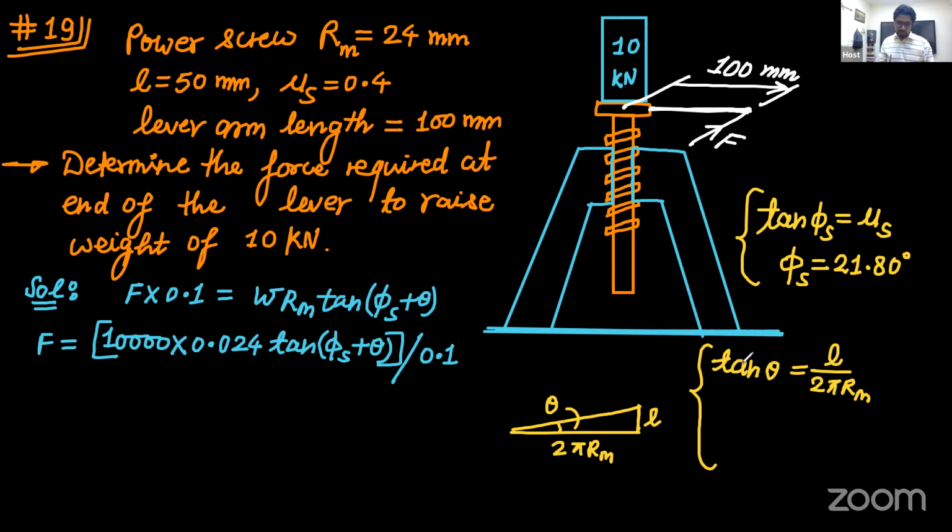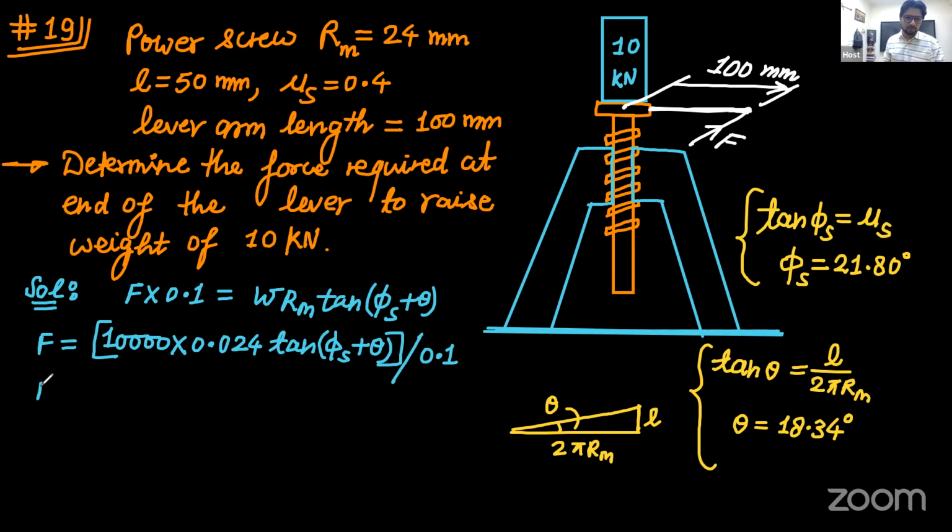So let's put the lead value as 50 and the Rm value as 24, and I get tan theta equal to 0.33157, and tan inverse of that is 18.34 degrees.